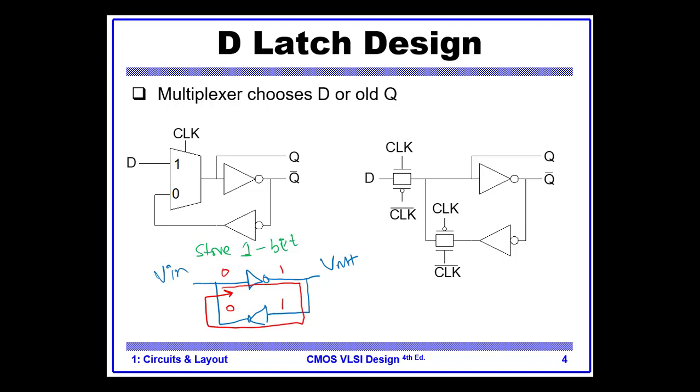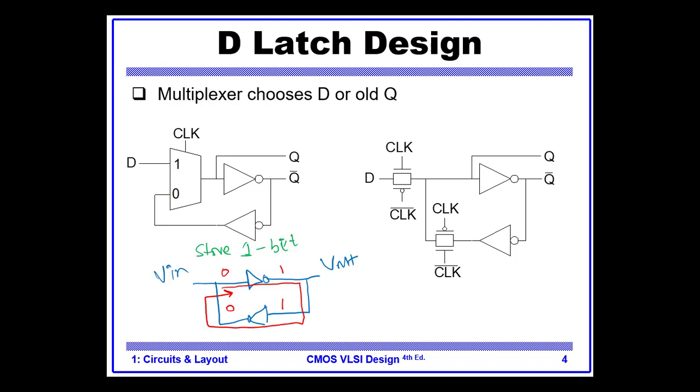So this is the main principle. Of course this is not the correct circuit, but this is just to show you how we can store a single bit just by using a NOT gate.